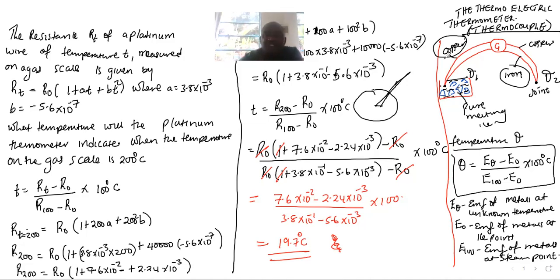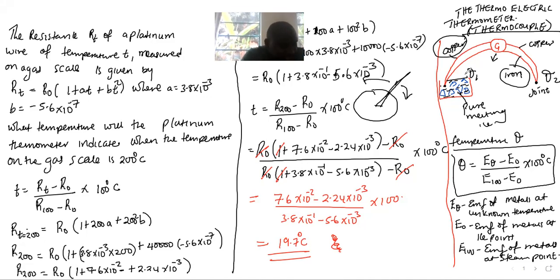A galvanometer deflects whenever current flows, to the left or to the right, depending on the design of the galvanometer. So even here on this thermocouple, there's a galvanometer connected, which will always deflect whenever a current is detected. So any detection of current will lead to the deflection of the galvanometer.